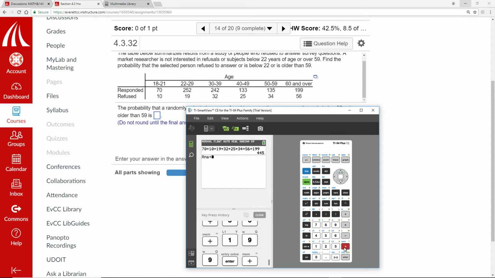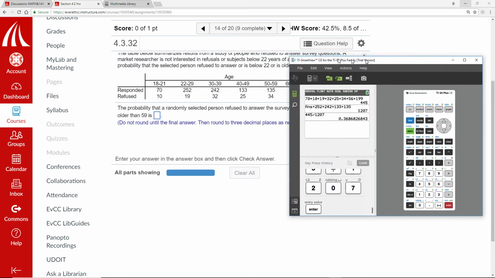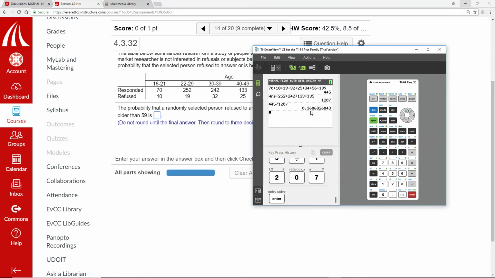So what I'll do to get the total amount is take that 455 and then add these other four values. 252 plus 242 plus 133 plus 135. So what I've got is 445 divided by 1207. And they want us to round this answer to the nearest thousandth, the three places, so 0.379.